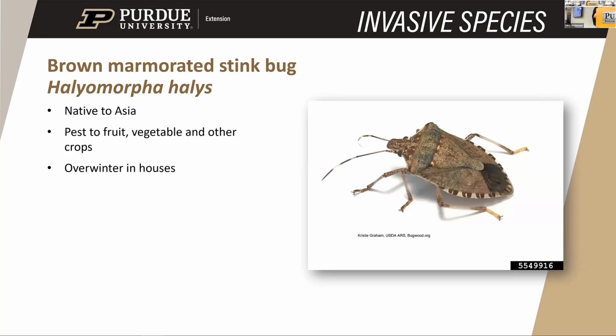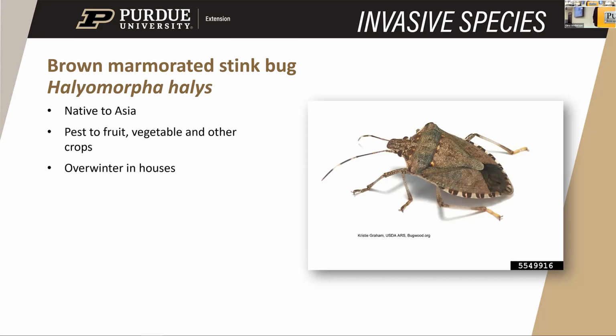So to identify them, you can kind of see in the photo, there are these white stripes on the antenna. That would be how you would look for it. Its native range is China, Japan, and Korea. It was first identified in Allentown, Pennsylvania in 2001, but they think it had been introduced accidentally in the late 1990s.